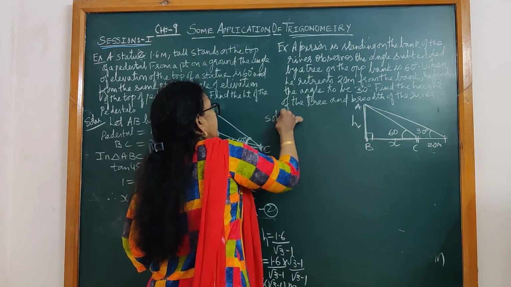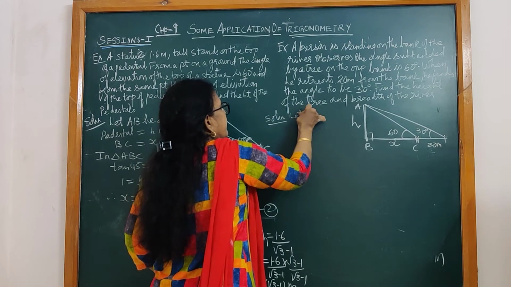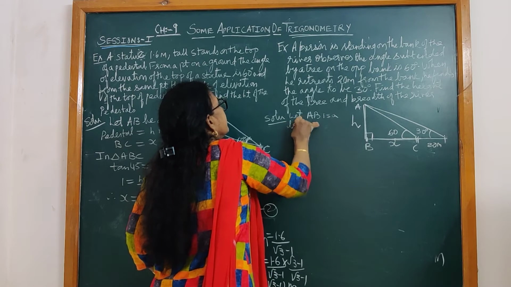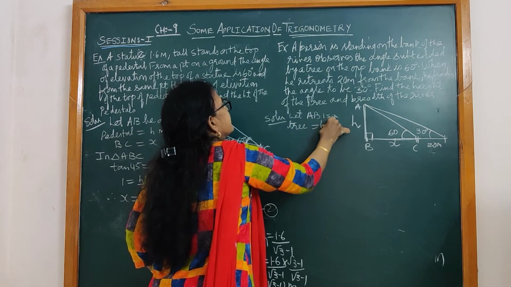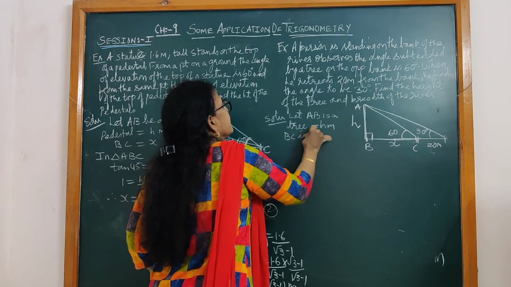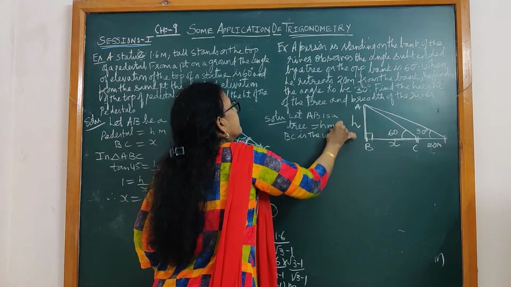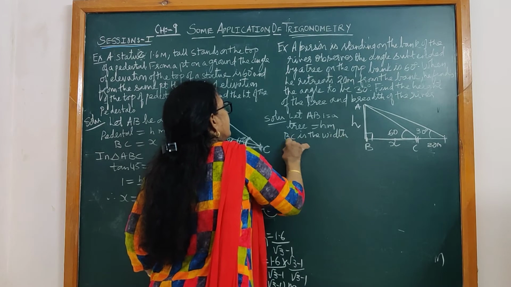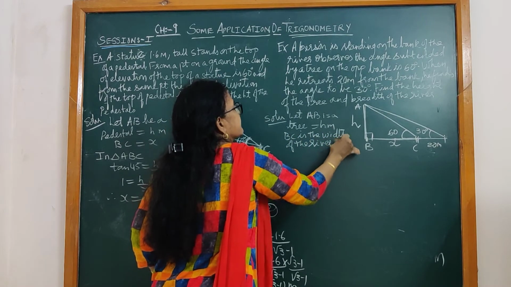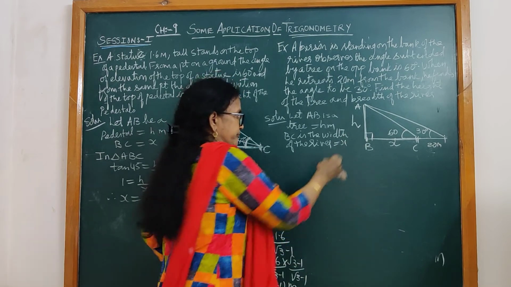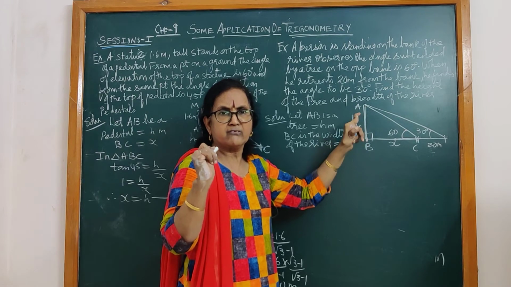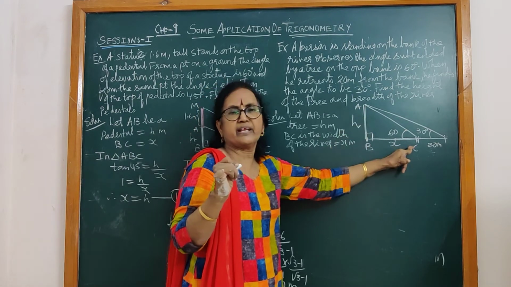Now let AB be the tree whose height is h meter. BC is the width of the river, which is x meter. Now first take a right triangle. Always keep your eye on the right triangle.